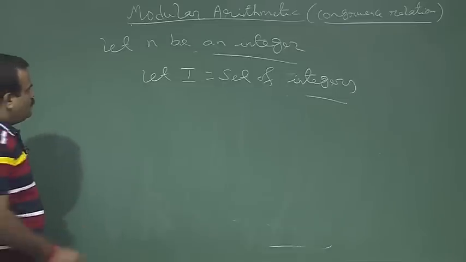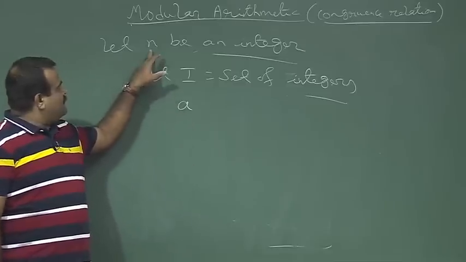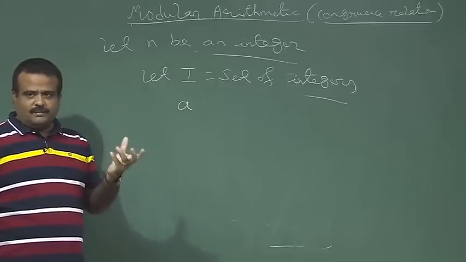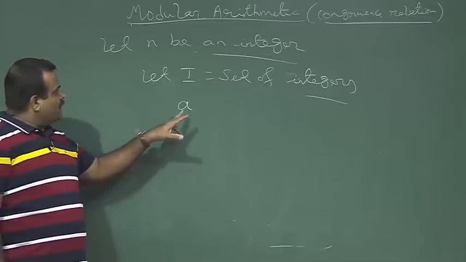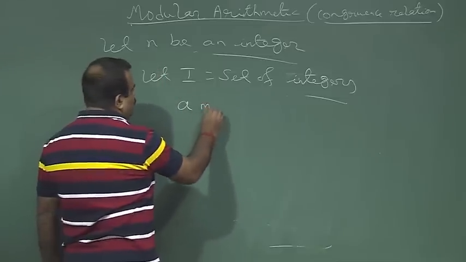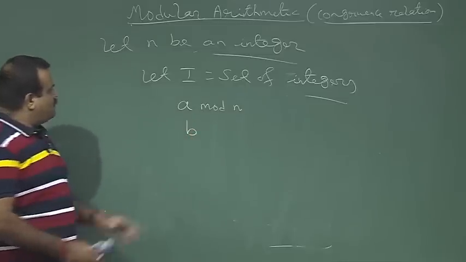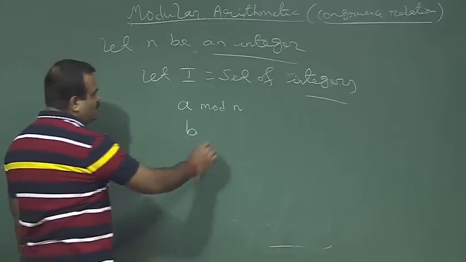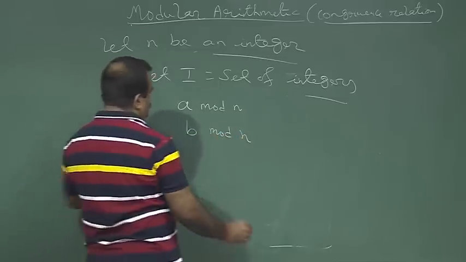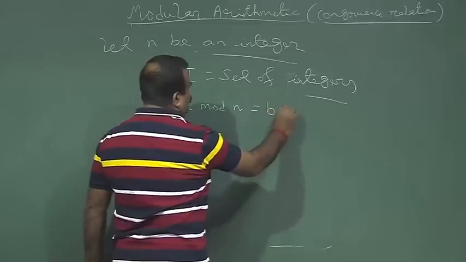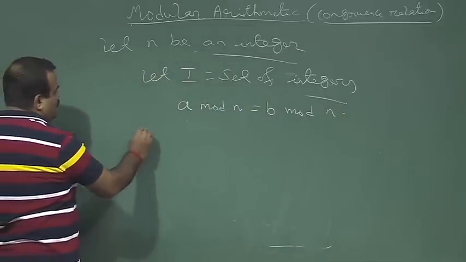Okay. Now, if you take any integer a and try to divide this a by n, then we get a remainder, which is a mod n. If you take another integer b and try to divide b by this integer n, that will give us b mod n. So if these two are the same, if a mod n is equal to b mod n, then we say that a, b are related.